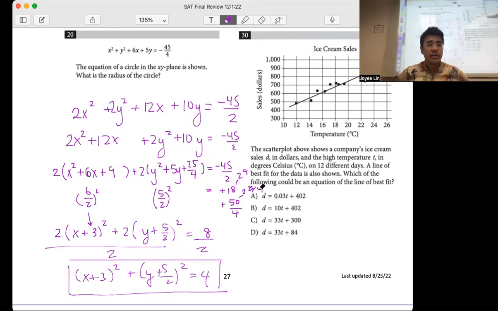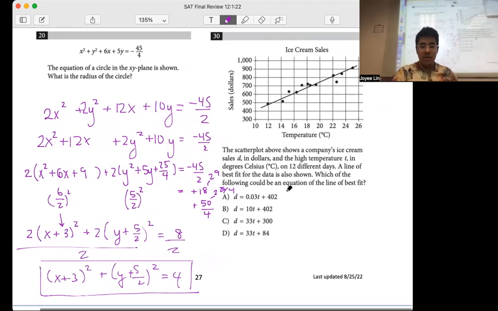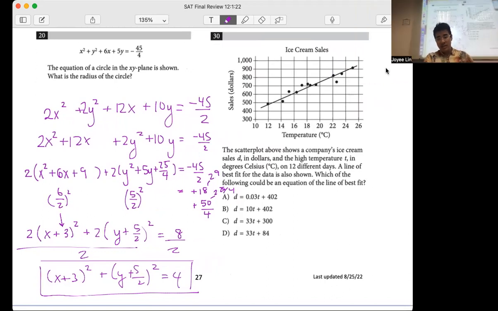Completing the square, if you need to. All right, what the heck is wrong with number 30? Scale, and there's no days in here.